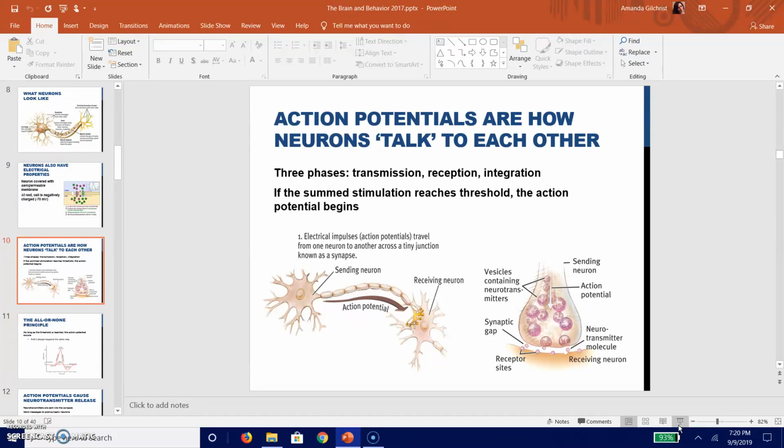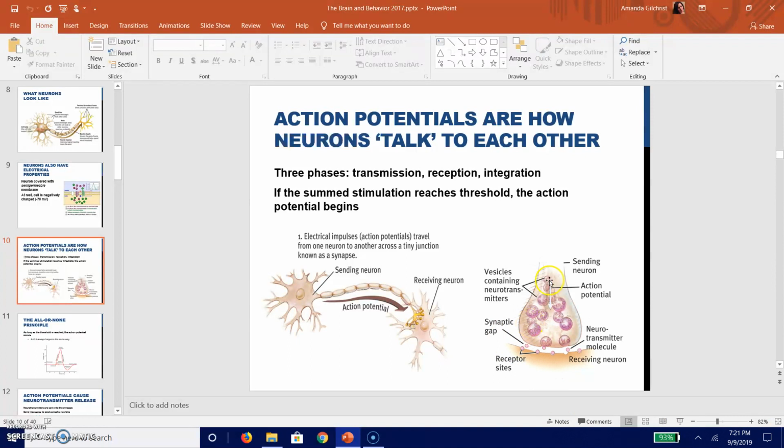Other messages are excitatory, and they're going to potentially contribute to an action potential or a neural impulse. That particular neuron is going to add up all of the different inputs that it receives. And if the summed inputs reach a particular threshold, the sodium channels will open and rush into the cell, and the action potential will begin.